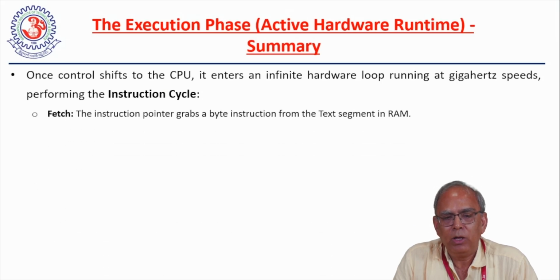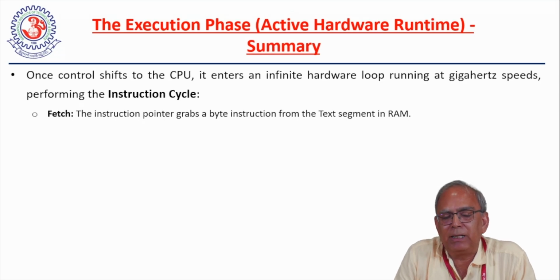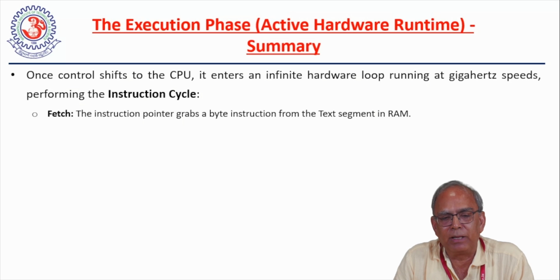Okay, so now there are a lot of stages actually. What the CPU does is that there are multiple stages of instruction execution. Now we are not talking of the program execution, but the instruction execution.